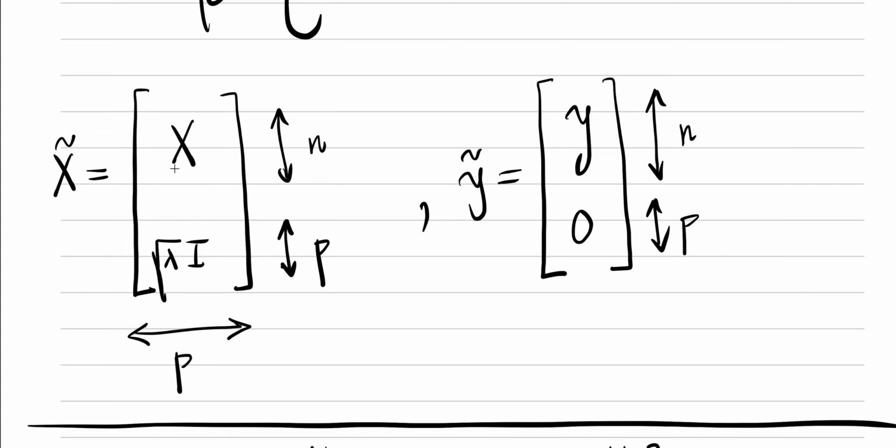We have one block X, it has n rows, p columns, and then we have this identity matrix here multiplied by the square root of lambda. The identity is a p by p matrix, making x tilde have n plus p rows and p columns.